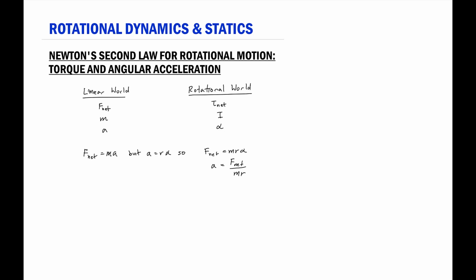So how else can we relate this to values we already know? Since we are relating the linear and rotational worlds with tangential linear acceleration and angular acceleration, we know that the net torque is going to be equal to r times F net for a tangential force, since sine of theta is equal to sine of 90, which is equal to 1.